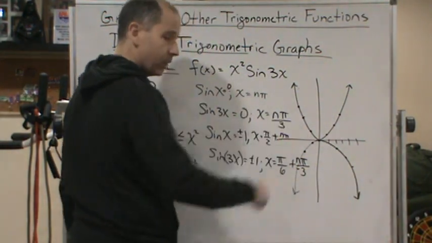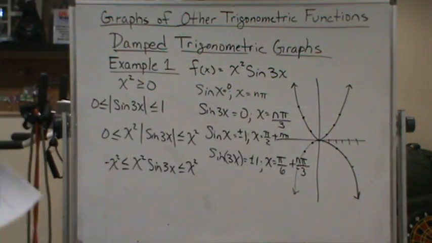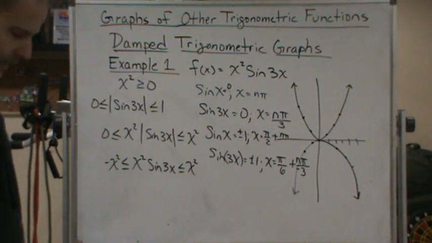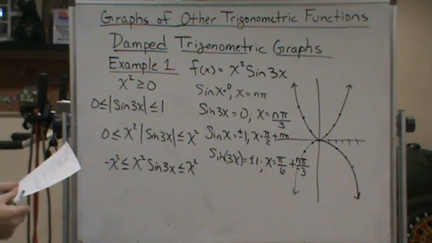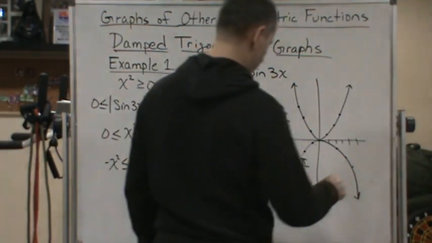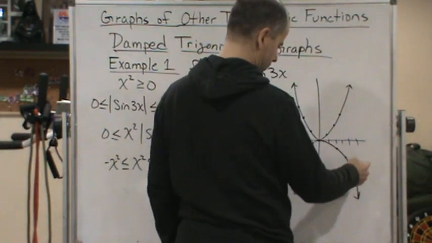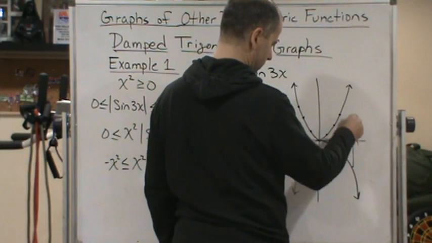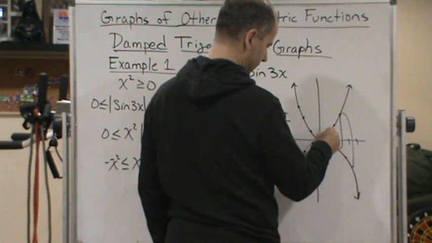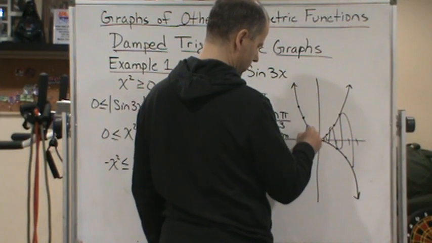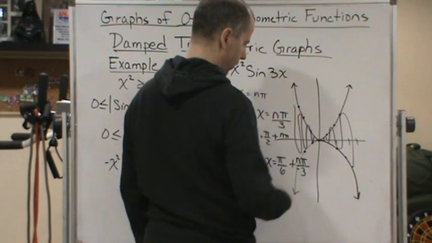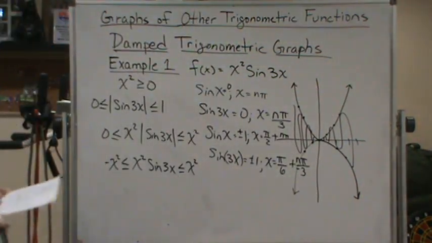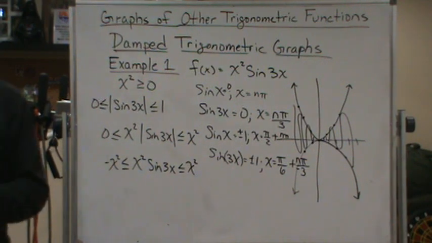And then all we have to do is sketch the graph. Okay, that's it. Of course, you're going to get something that maybe looks like this. I'm just drawing the graph, so it's going to look something like this. All right, that's it.